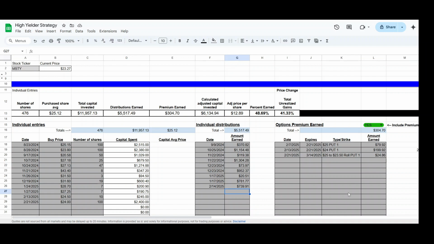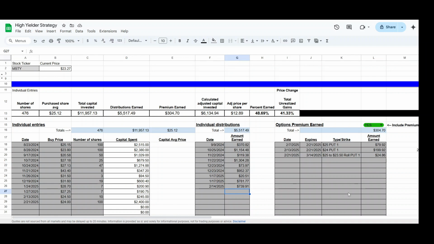And I rolled that expiration date out. So a lot of times when you're trying to roll a put and you still want a credit, you'll try to roll it down and out. Out in expiration and down in price. It's just one of the ways that you can try to stay on the put side.